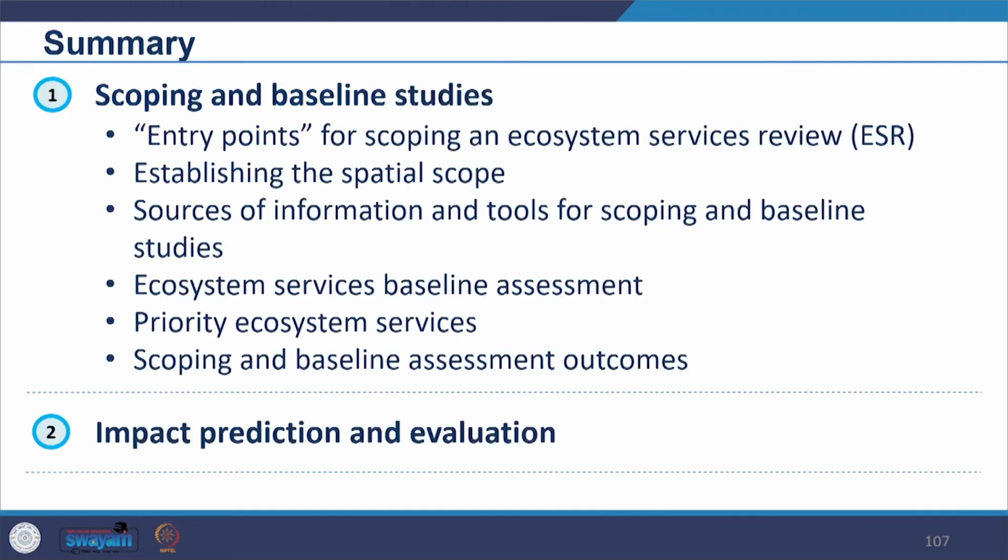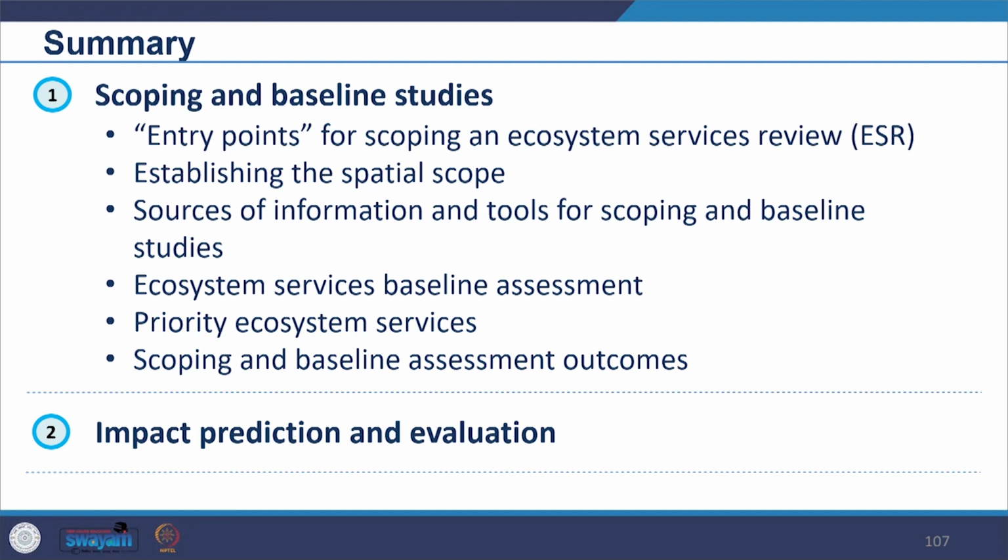So, summarizing what we have covered today, we looked at the methods which are available to us, step by step here in the area. We looked at the scoping and baseline studies, the entry point, how we establish spatial scope, sources of information, ecosystem service baseline assessment, how we undertake that, what the priority ecosystem services are and how we decide, and then how we present the outcomes.